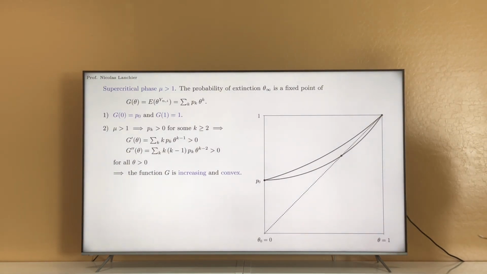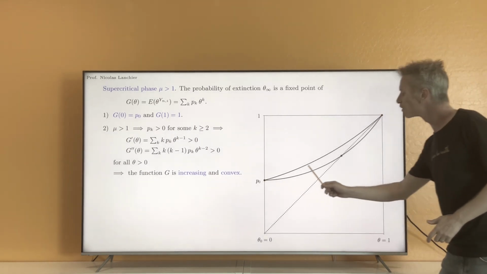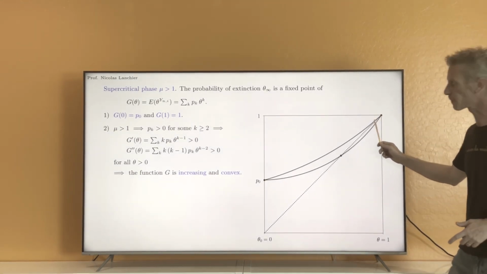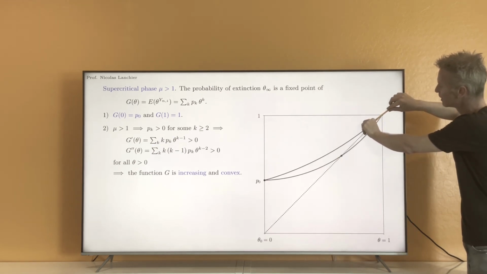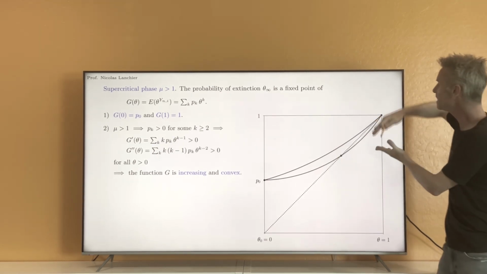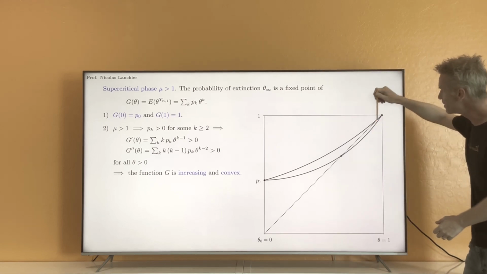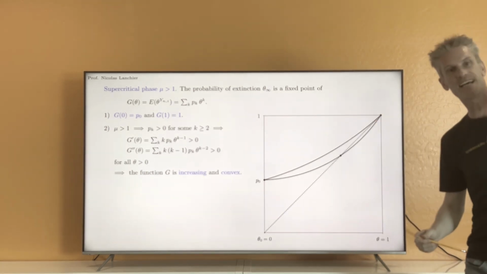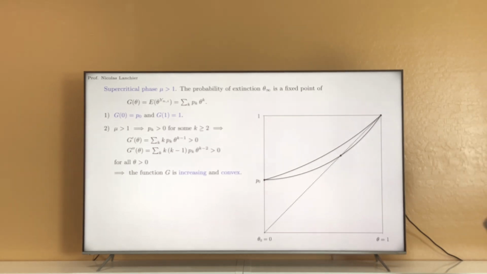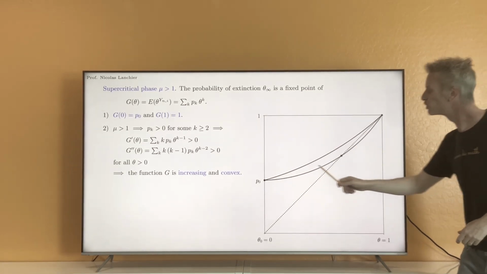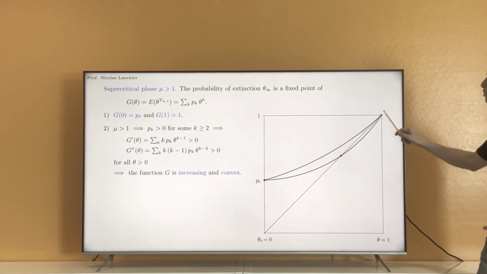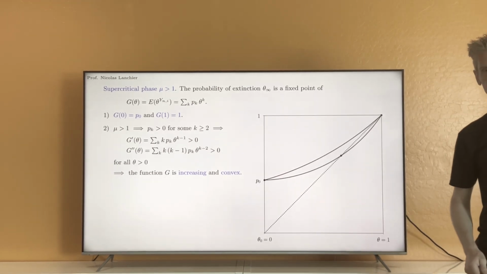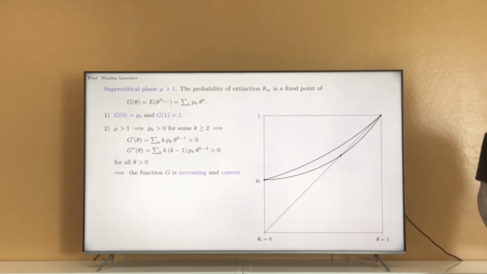At the opposite, if you look at all the graphs that are above, coming from above, the derivative here should be less than 1. Okay? So to exclude this case and show that this is indeed what happens, what we need to prove is that the derivative at point 1 is strictly larger than 1.